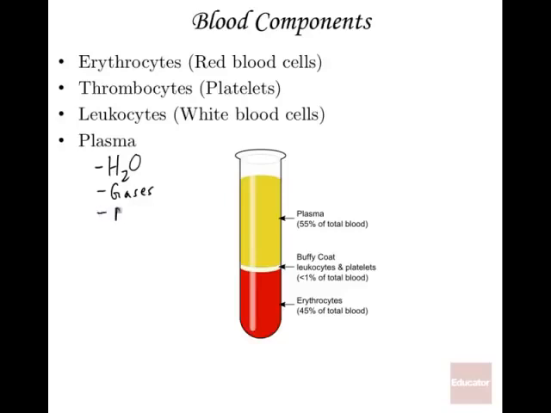You're going to have nutrients, all those molecules that are meant to nourish your body. Of course, on the flip side of that are wastes, those waste products that are going to be eventually excreted. And then on top of all of that, you're going to have hormones. That's how hormones get to all the different cells via the fluid of your blood.